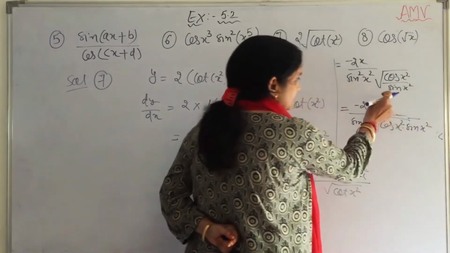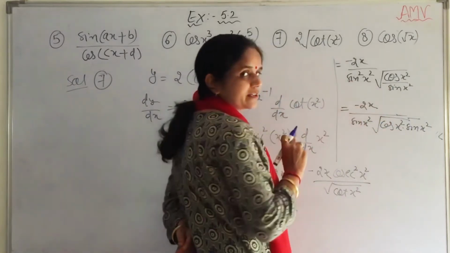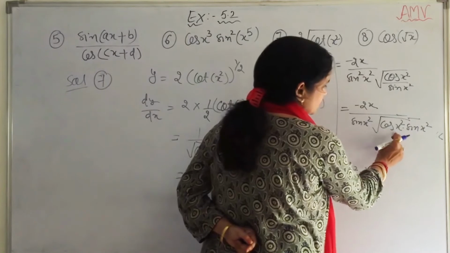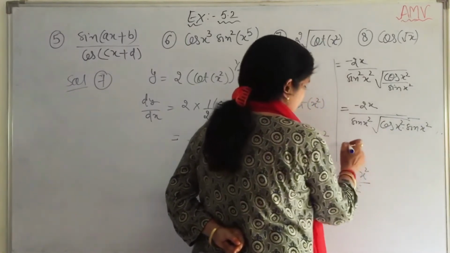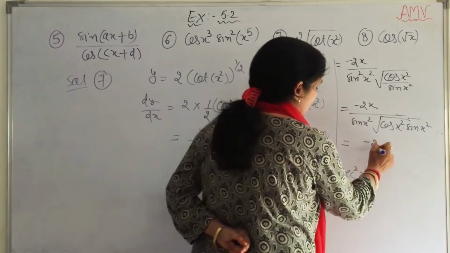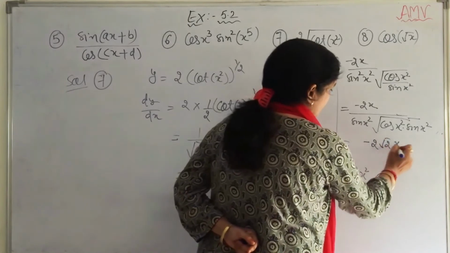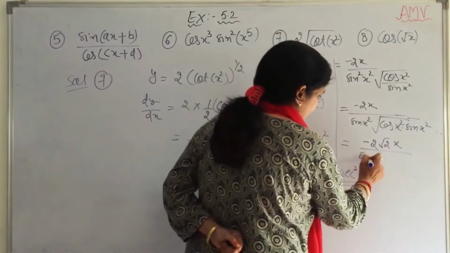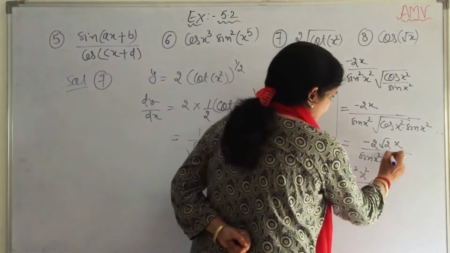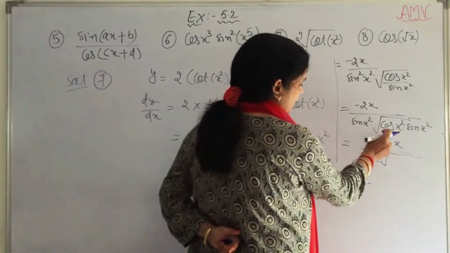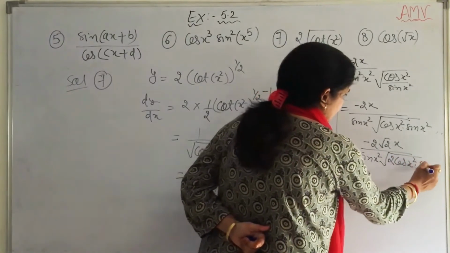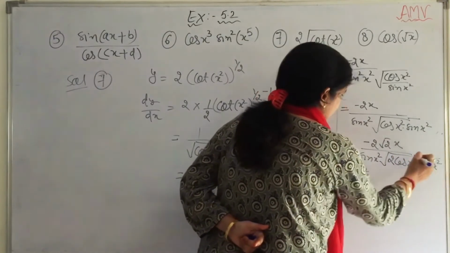Okay, 1 under root sine x square will cancel. So you will get under root cos x square sine x square. Now multiply by root 2. Numerator and denominator, it is sine x square, as it is, root 2 will here 2 cos x square sine x square.